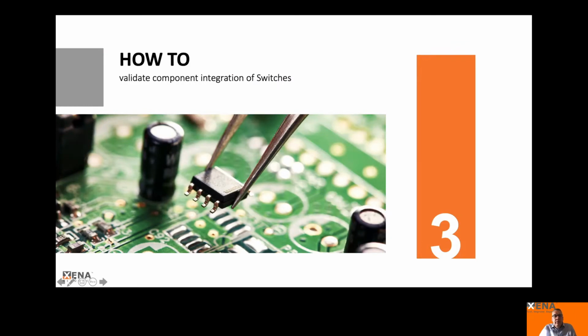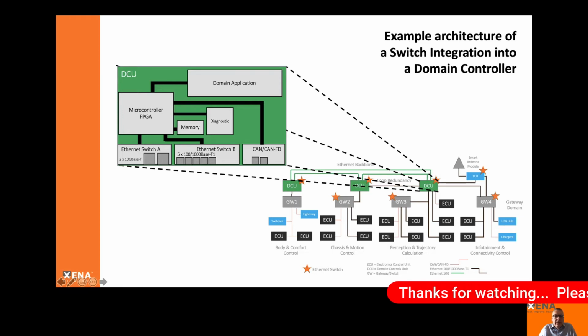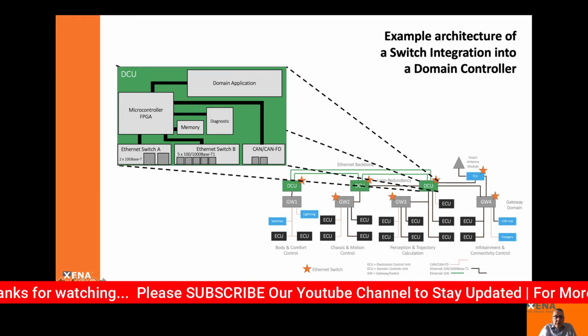So moving forward to component validation, or component integration validation of switches. Therefore, first, we need to have a deeper look into such a device. So we're taking a domain controller unit out of our architecture, and we can see that the DCU has multiple function areas.